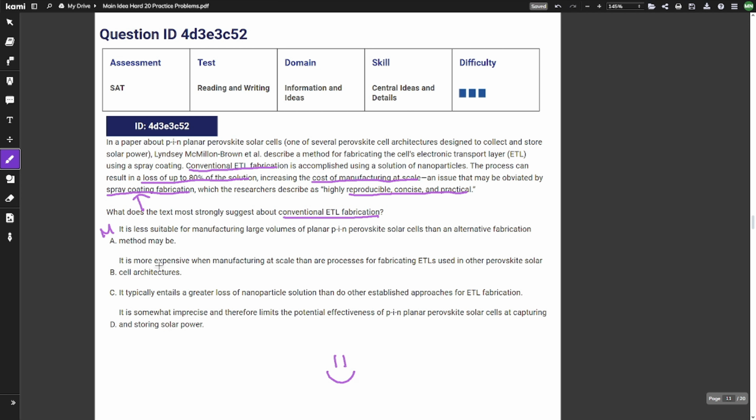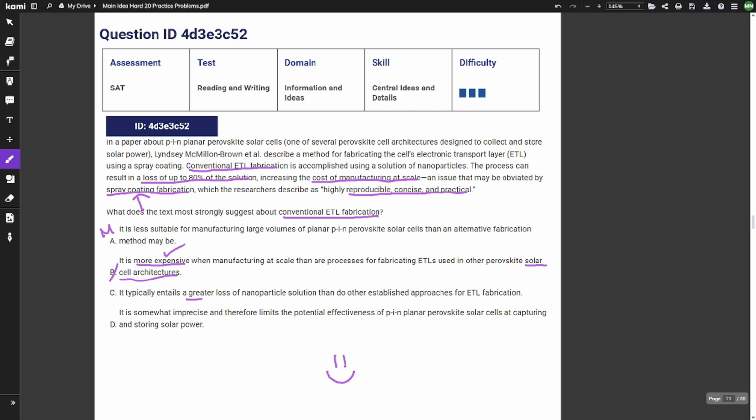B. It is more expensive when manufacturing at scale than are processes for fabricating ETOs used in other solar cell architectures. Now, it is more expensive, that is true. However, the text never mentions any other solar cell architectures, so it's not going to be B. C. It typically entails a greater loss of nanoparticle solution than do other established approaches for ETO fabrication.